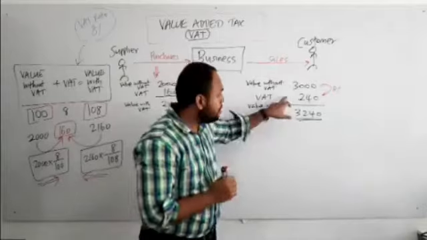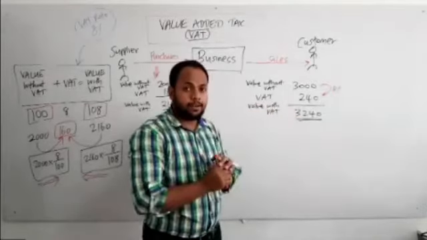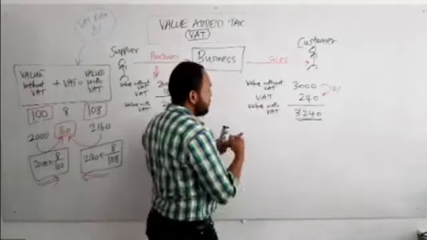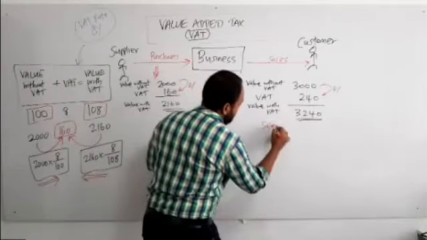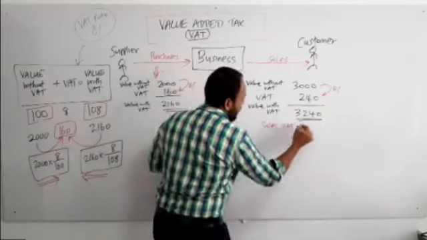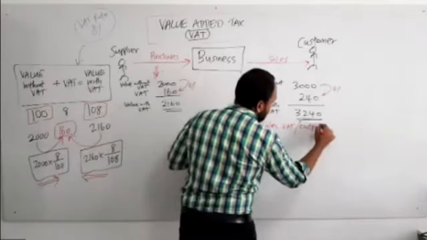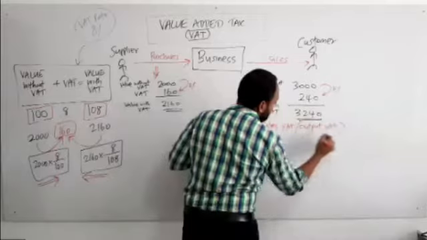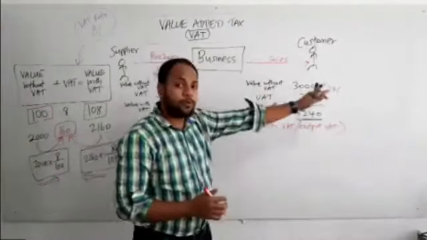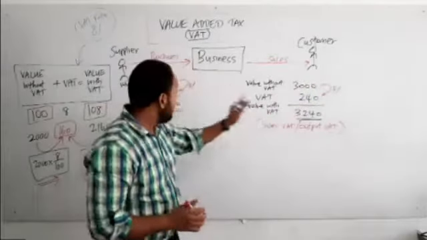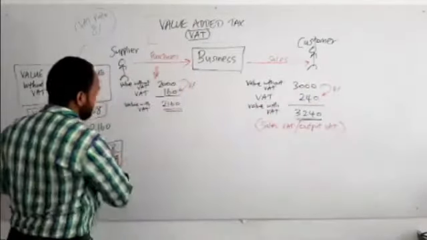Right? So this is a payable VAT. We call it sales VAT, and another term for this is output VAT. Sales is our output. And this is purchases.